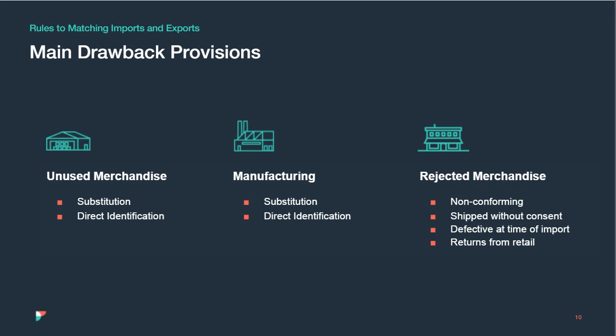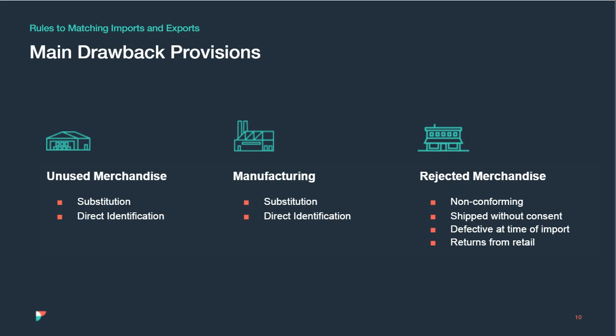There are two different types of unused merchandise drawback: substitution and direct identification. I'll explain what those two are. Substitution is exactly what it sounds like. You import one crib, let's say a white crib style XYZ. You have a customer place an order for a blue crib style 1, 2, 3, and you export the blue crib out, fulfilling the order instead of with the white crib.